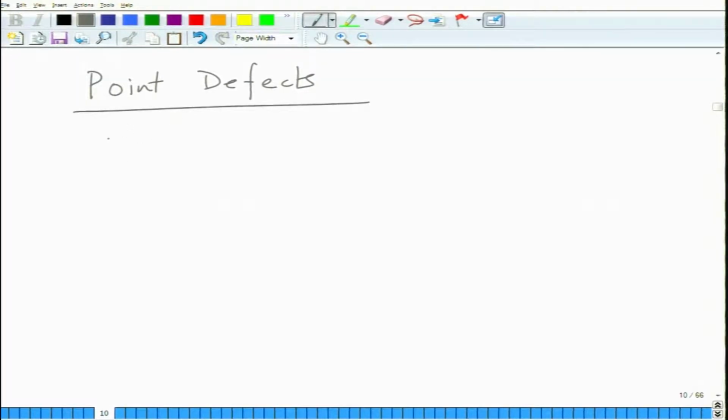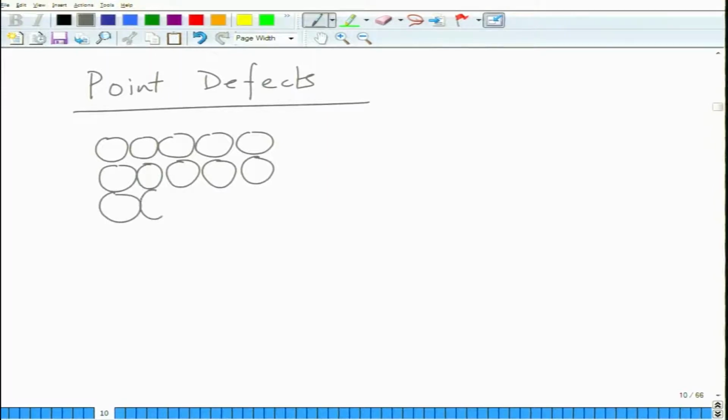So, a vacancy basically could be: you have a structure of atoms like this, they make a periodic structure, and if one of them goes out, let us say this one goes out. So, this is a vacancy.